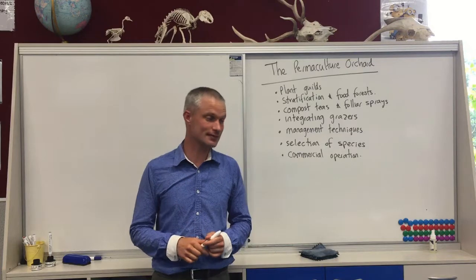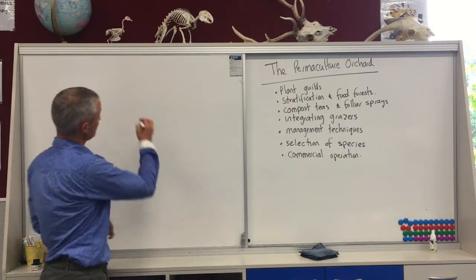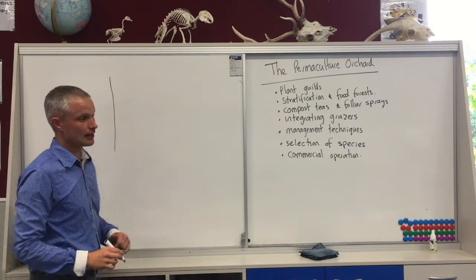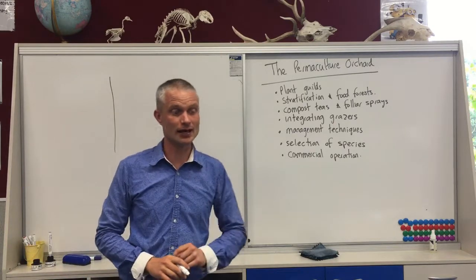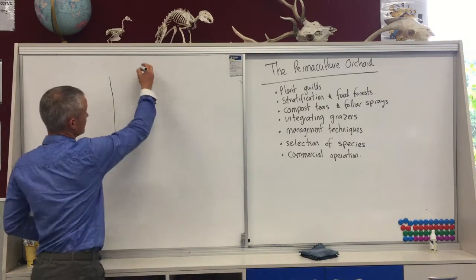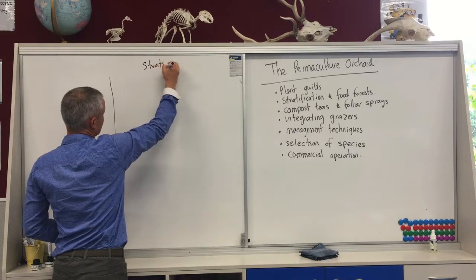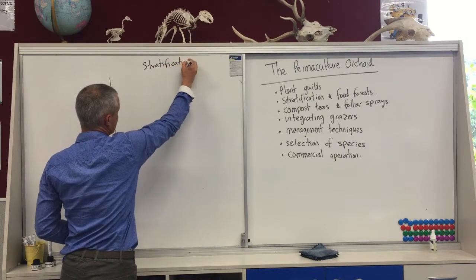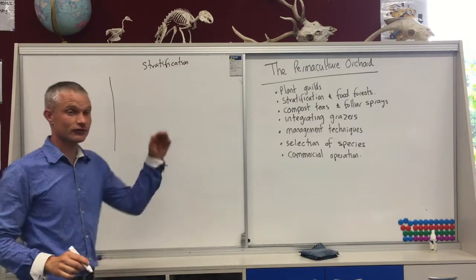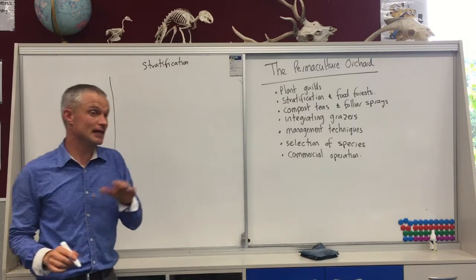natural forest system. So when we look at a forest system, there are different layers, and we call that stratification. Stratification is a term referring to different layers of an ecosystem.